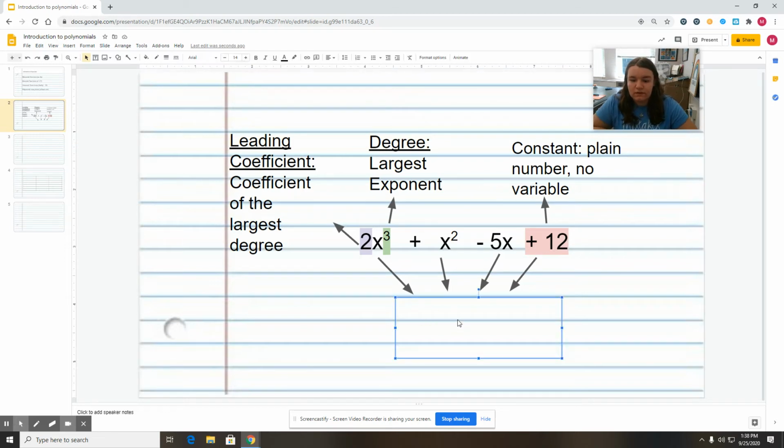And then lastly, all these arrows, there's 4 of them pointing to 4 pieces of our polynomial here, and that is just telling us the number of terms.